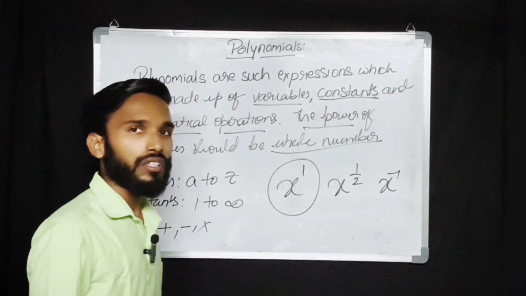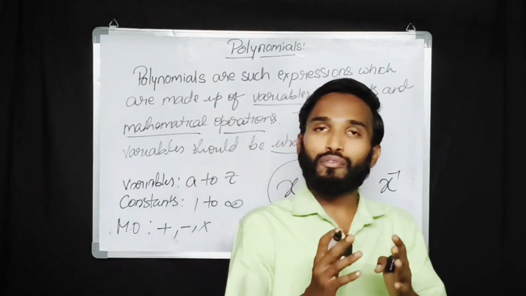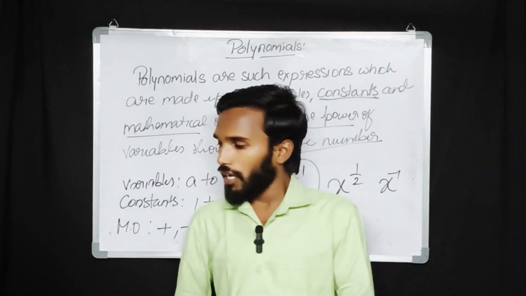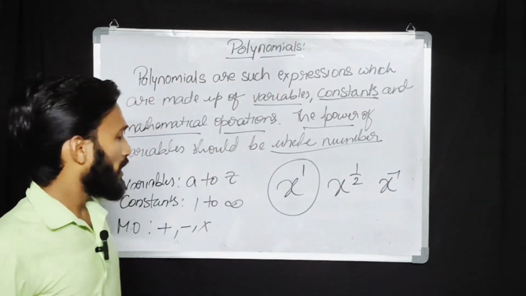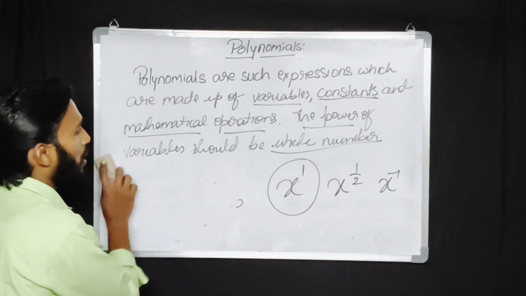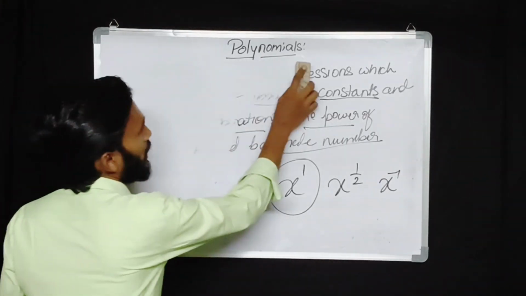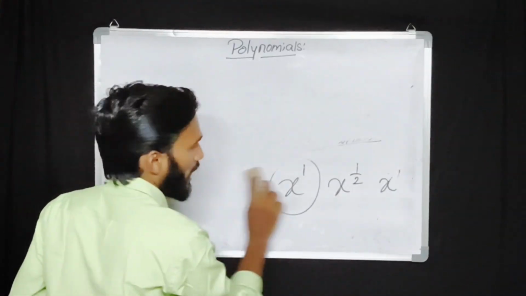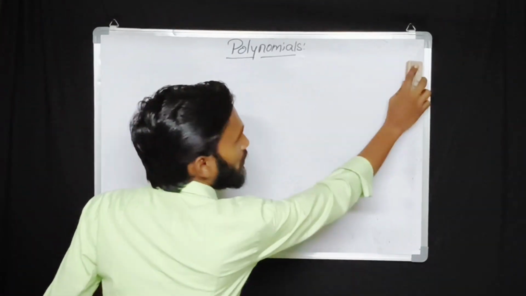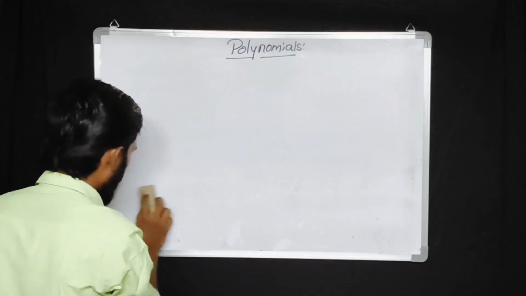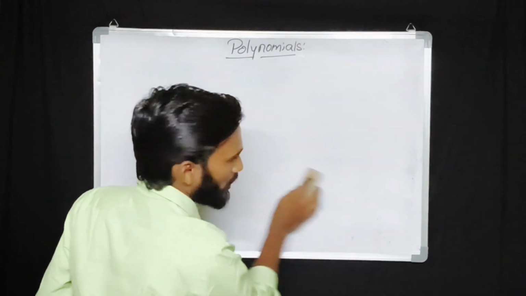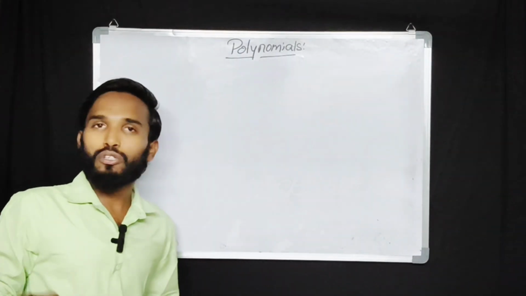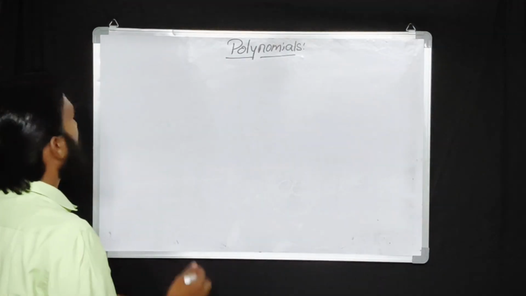This is the definition of polynomials. Now see some examples of polynomials. We said a polynomial is an expression made up of constants, variables and mathematical operations, and the power of the variable should be a positive whole number.